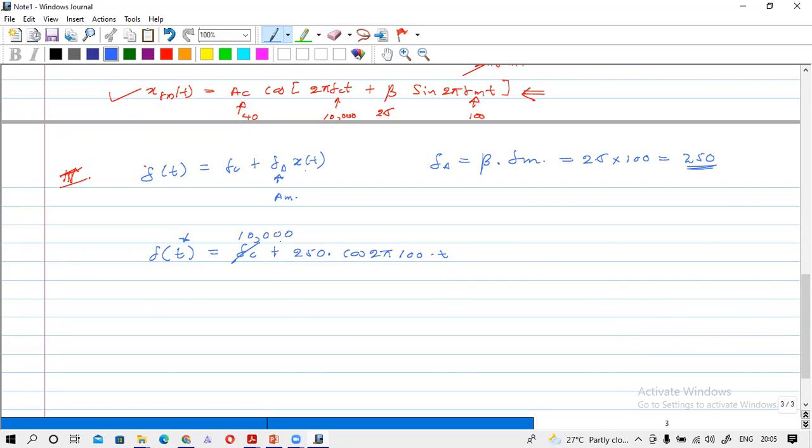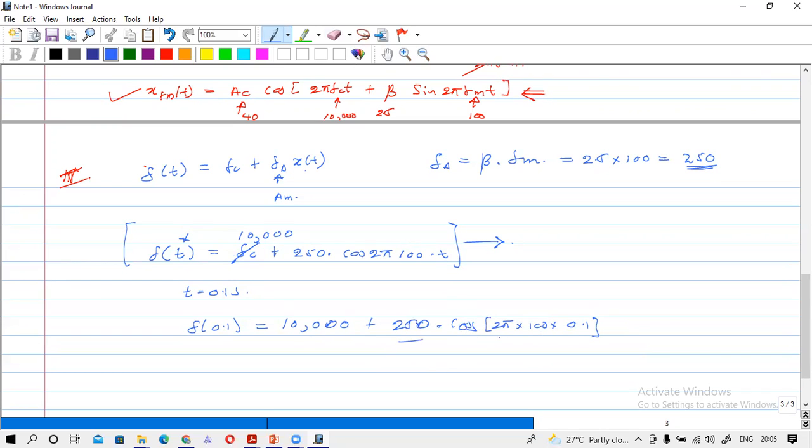Using this, you can find the instantaneous frequency. It is very easy. For example, if you want to find the instantaneous frequency at t equal to 0.1 second, you can directly find it: 10,000 plus 250 cos 2500 times 0.1.